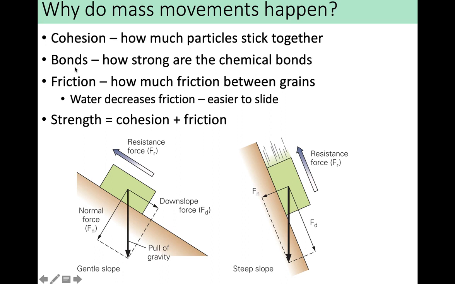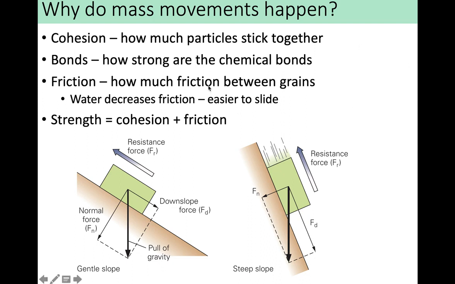Bonds being how strong the chemical bonds are within your rock, and friction. So how much friction is there, not necessarily between the two layers, but also between the grains. How much friction is actually between the grains in your sediment? If you have high friction, that means your grains are not going to move against each other. They're not going to slide away from each other.